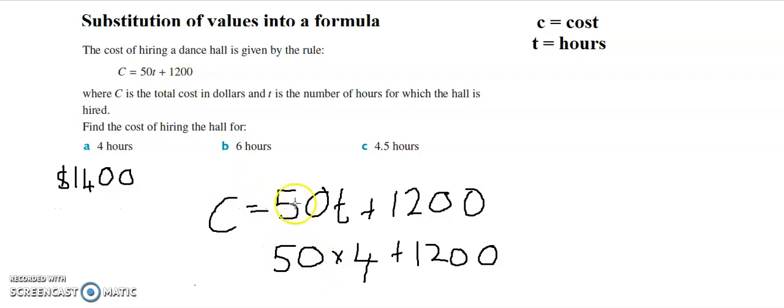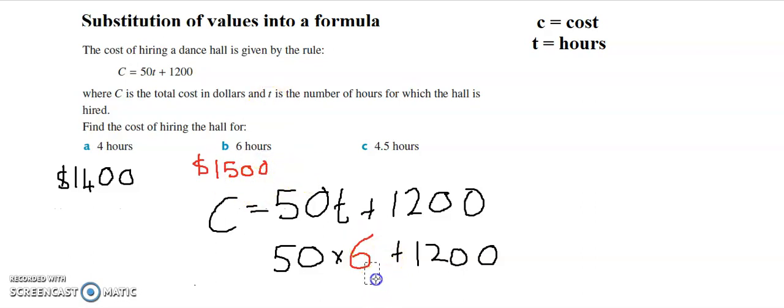Likewise, we move on to B, but this time it says 6 hours, not 4. So T has to be 6. I'm just changing that one element over, and then I solve it. 50 times 6 is 300. 300 plus 1,200 is 1,500.